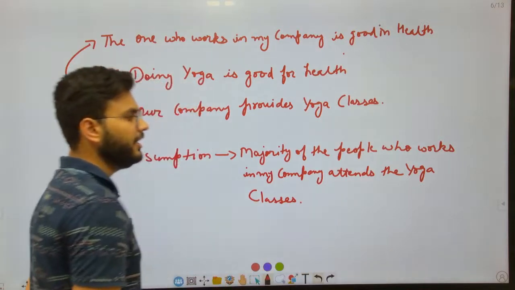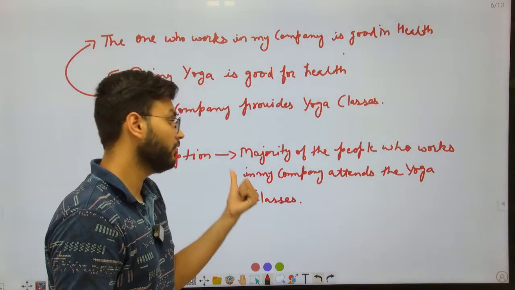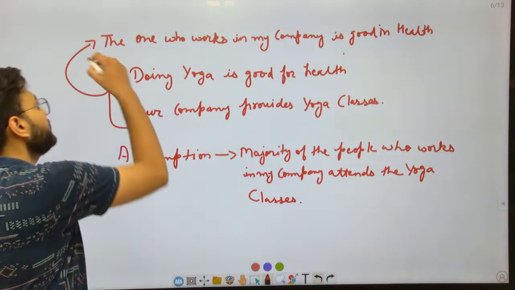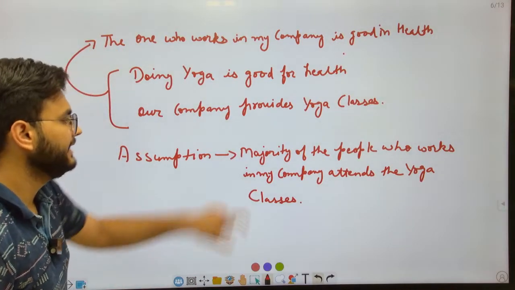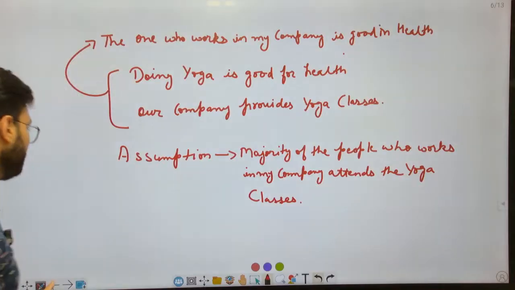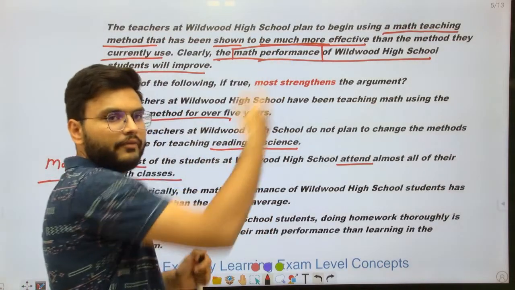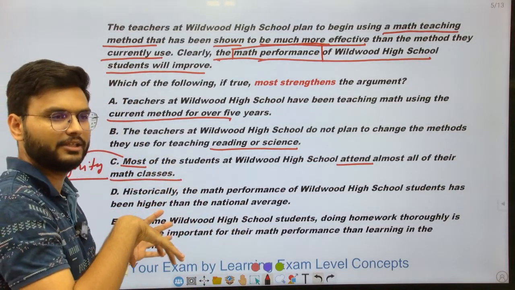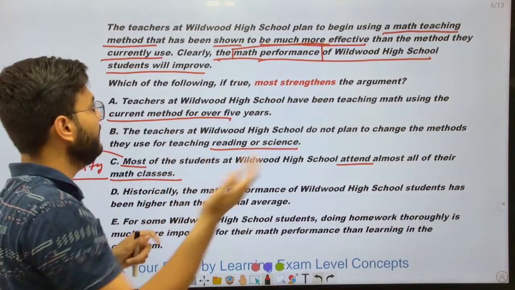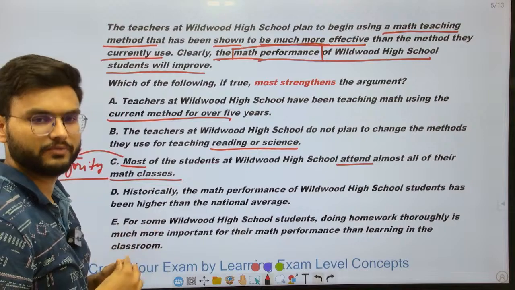Now think about it. If this is not my mandatory assumption, and if this is not what the author believes to be true, then can the author conclude this idea? Not at all. So think about it. Is it the same condition as the earlier one? When you are saying that you have a method which is more effective, it means that you are assuming that implementation of that method will clearly improve the math performance of the students.